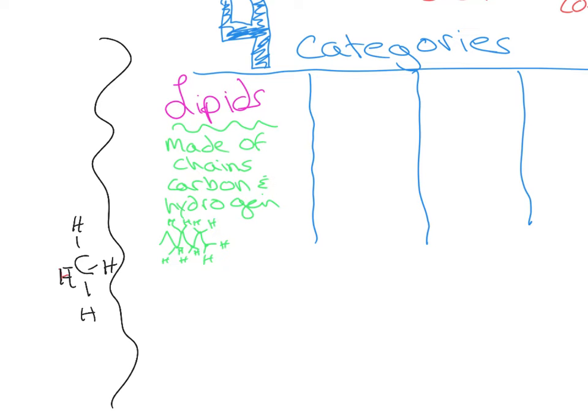So carbon and hydrogen make non-polar chains. These hydrocarbon chains are non-polar. Does that mean that they're hydrophobic or hydrophilic?